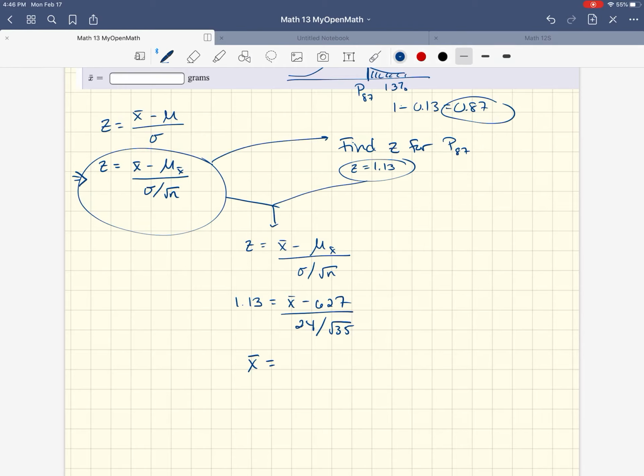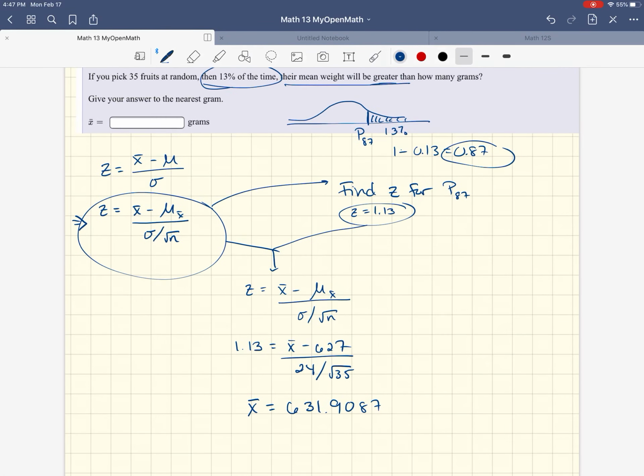So we get x bar is equal to 631.9087. And I believe here that they said round your answer to the nearest gram. So that would be 632 grams.